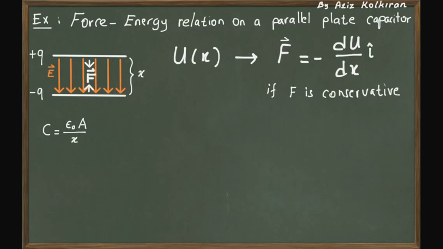And the potential energy, in our case, is the electrostatic potential energy of our capacitor. We know how to express this potential energy in terms of the charge and the capacitance of the capacitor.